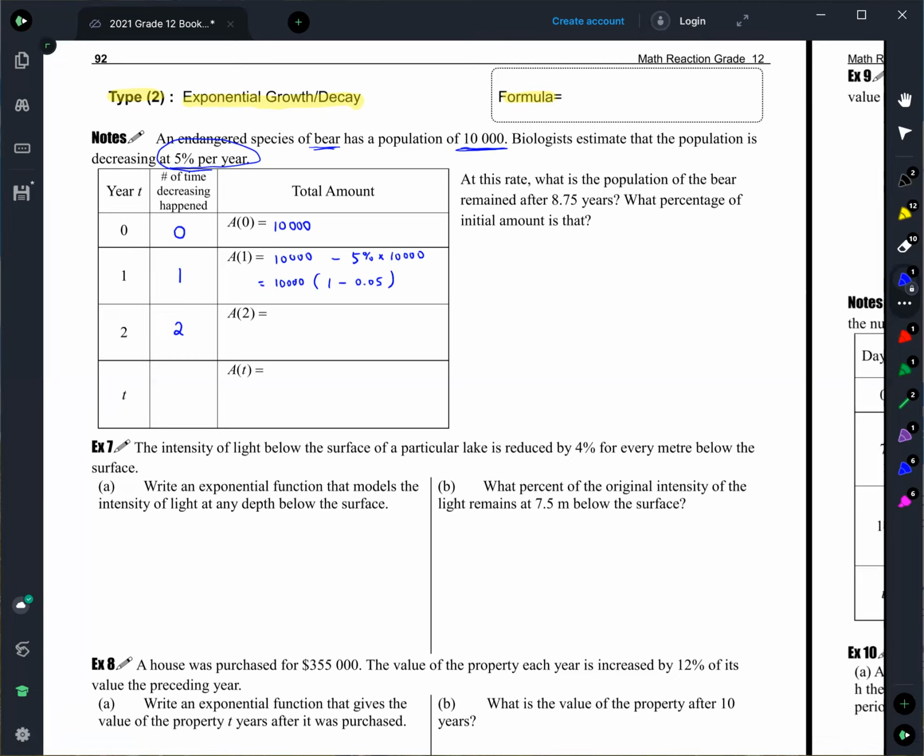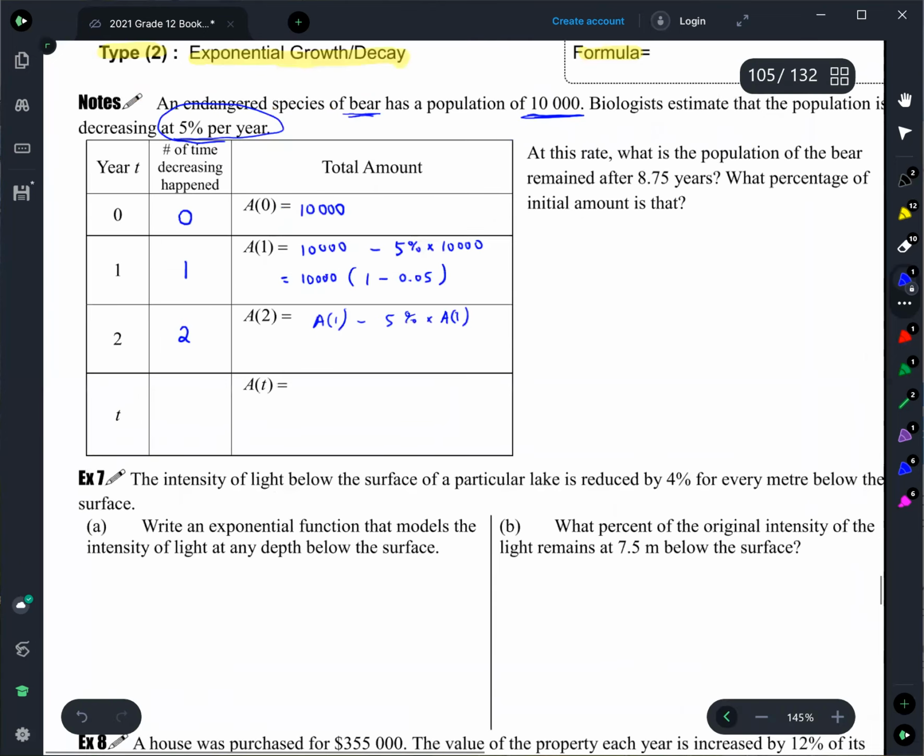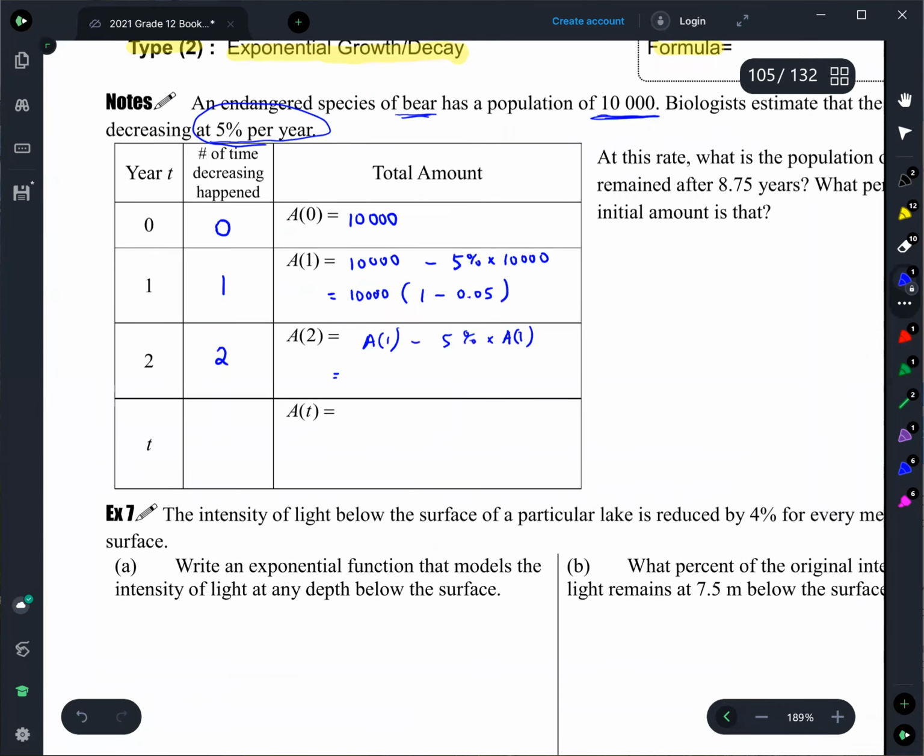You take what you have left after 1 year, which is A1, right? This is amount after 1 year minus the 5% of A1. And then we factor out the A1, which will be 1 minus 5%, 1 minus 0.05.